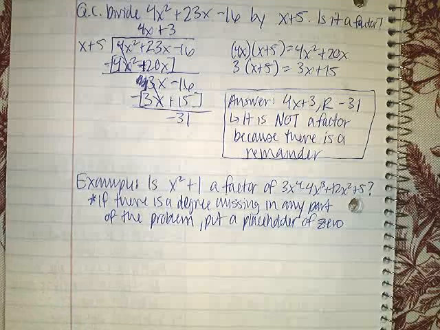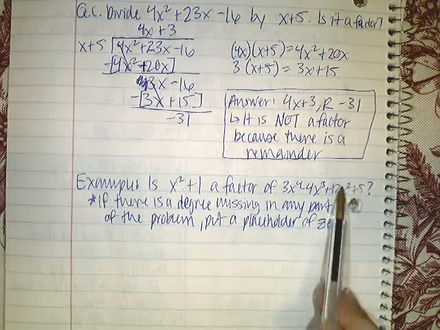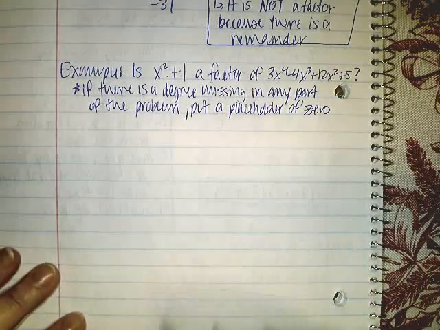So this is going to be really important for both parts because this is skipping our linear term and this is skipping our linear term. So we need to put 2 placeholders of 0 when we're dividing this.